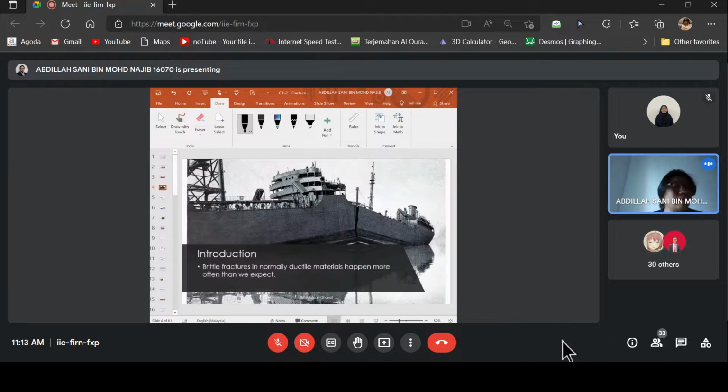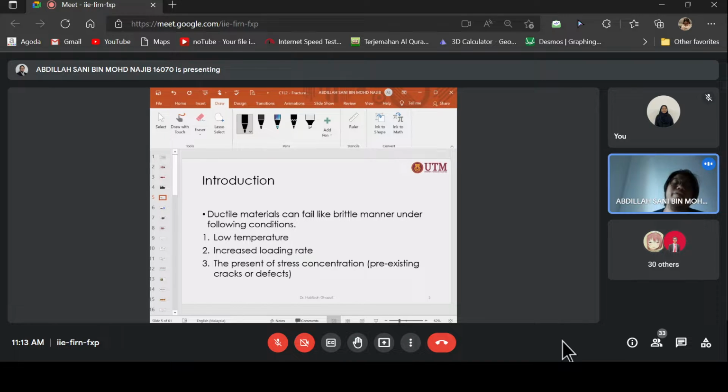We have learned about brittle and ductile fracture, and we have pointed out the importance of ductile fracture and the preference for ductile fracture compared to brittle fracture. But somehow brittle fracture still occurs even in ductile materials under some circumstances, like shown here.